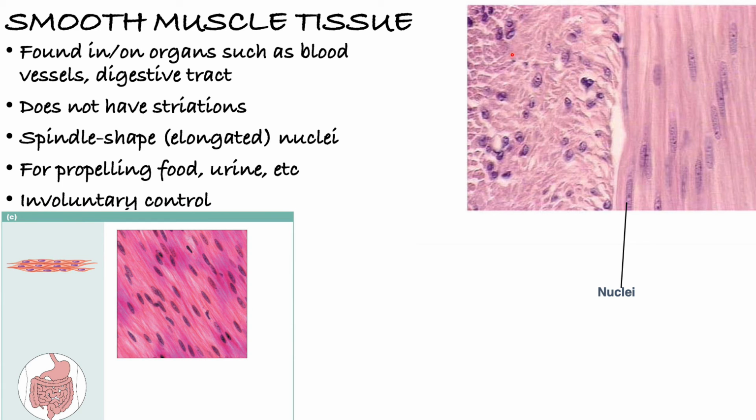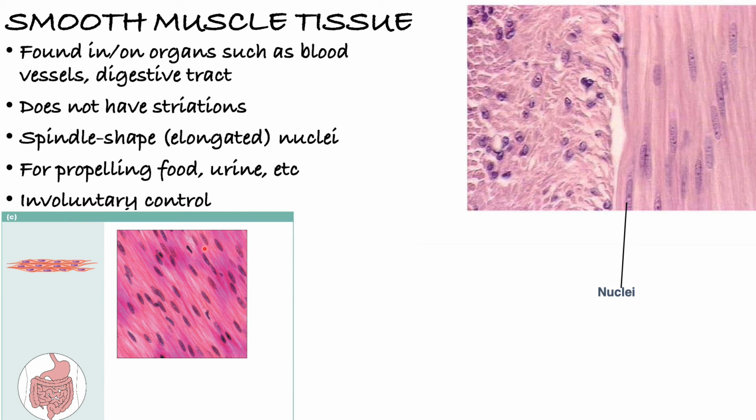I put this picture up because a lot of students might look at the cross-sectional view and say, I can't really see these lines. These lines are not striations. This is a cross-sectional view of the smooth muscle tissue. Another thing is to look at the nuclei in smooth muscle: their nuclei will be elongated.